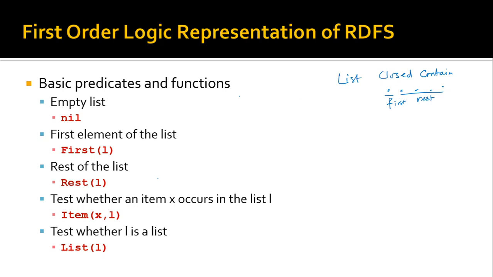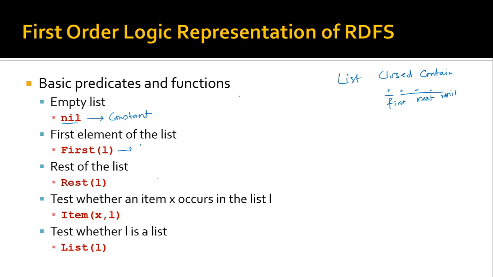Finally, we end up at a certain point of processing the list, which will be the RDF nil. How do we represent the empty list? We represent it with a constant, nil, which is a constant in first order logic.